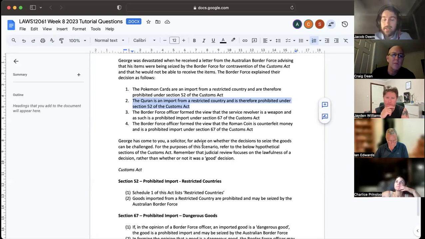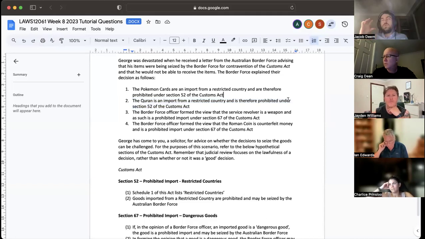You've got the authority, you've got the jurisdiction to make a decision in this space, and they've decided to seize it. So item 2, the seizure of the Quran, valid, at least from a jurisdiction perspective. Does the distinction between those two make sense? You can see, the threshold element of is it from a restricted country or not is not in the decision maker's hands. And so if there's a problem with that, we can seek judicial review.